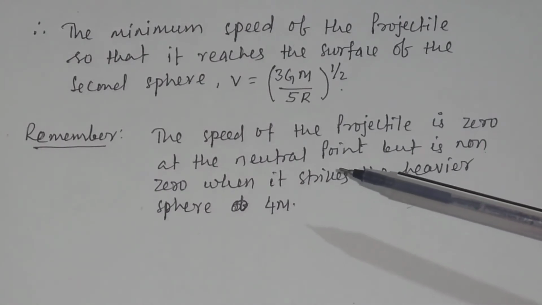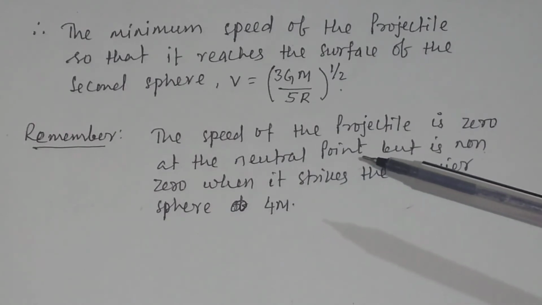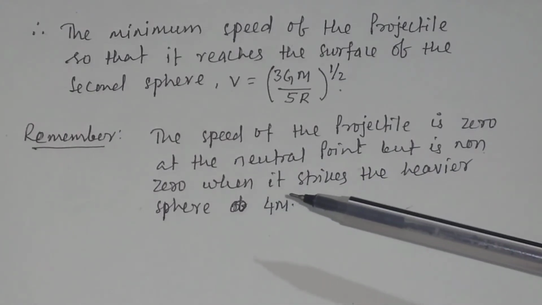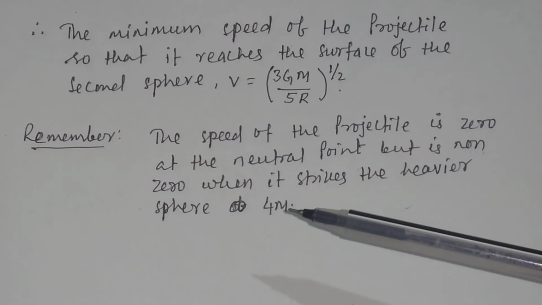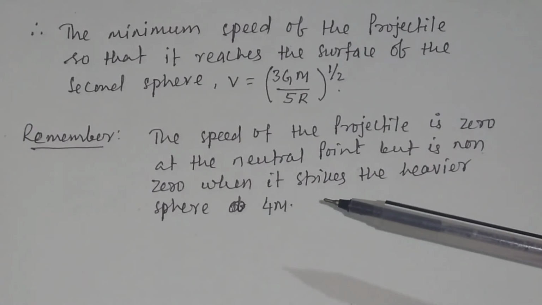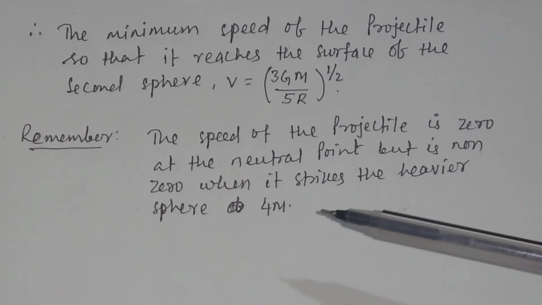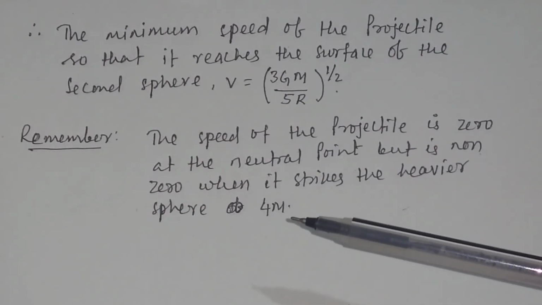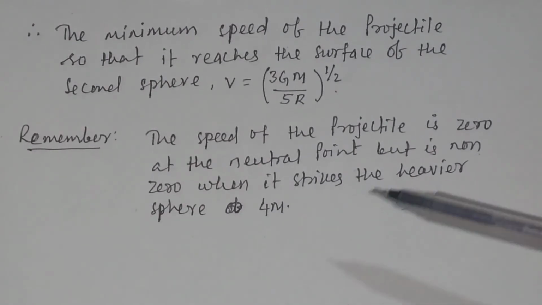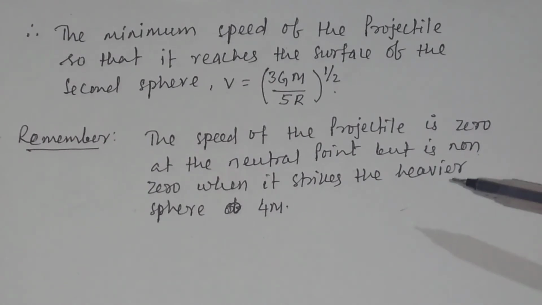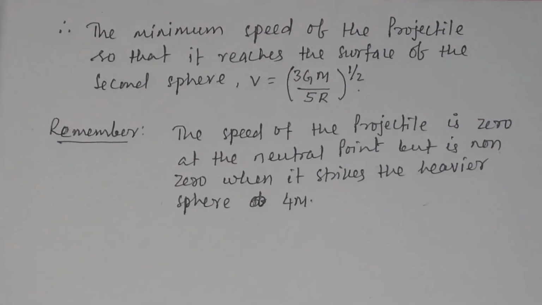Then when the projectile again moves towards the sphere of mass 4m, its potential energy will be converted into kinetic energy, and when it reaches the sphere of mass 4m, its velocity will increase.